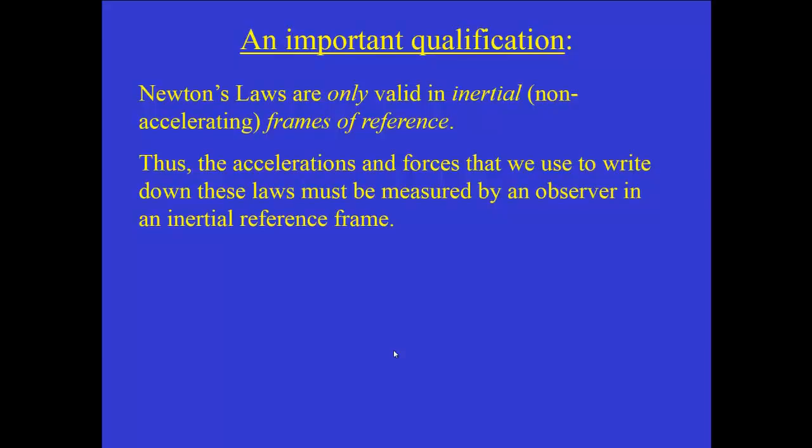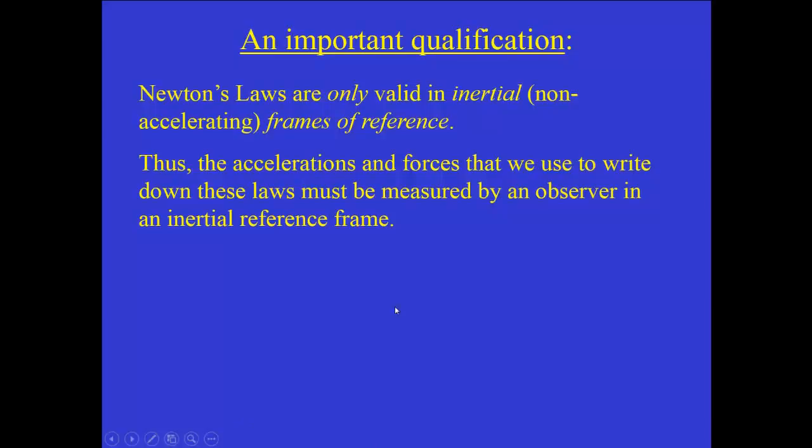And for a person who's in that car, Newton's laws would be valid in the same form that we've just written them down. However, if one is, for example, in that same car and it's initially at rest and you press the gas pedal and now it's coming up to speed, so its velocity is increasing, that is a non-inertial reference frame because that object is accelerating.